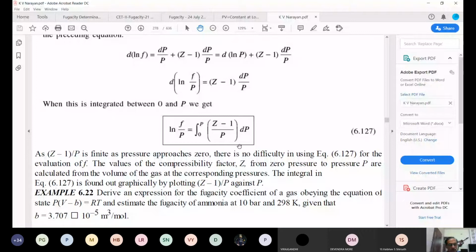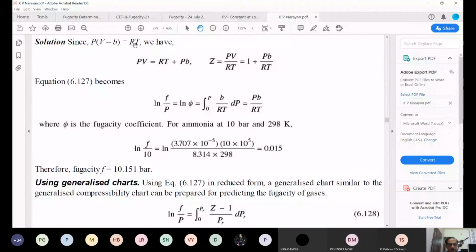So if we take this equation, P into V minus B equal to RT, what we get is PV equal to RT plus PB, and Z is equal to PV by RT. Dividing by RT, what you get is 1 plus PB by RT. Right? So if we take ln f by P, which is ln phi, equal to the integral of Z minus 1 by P into dP.